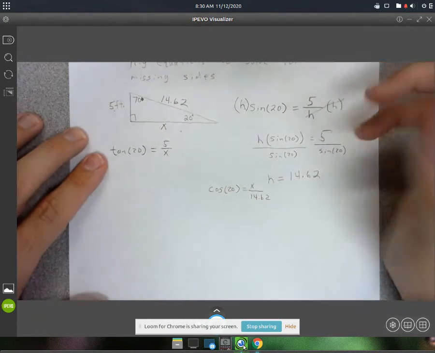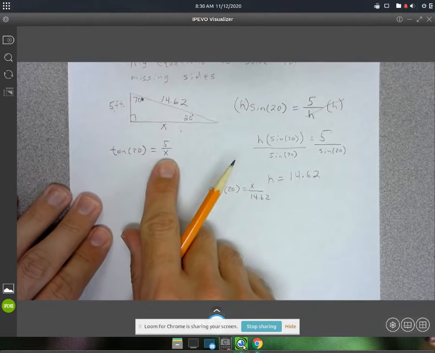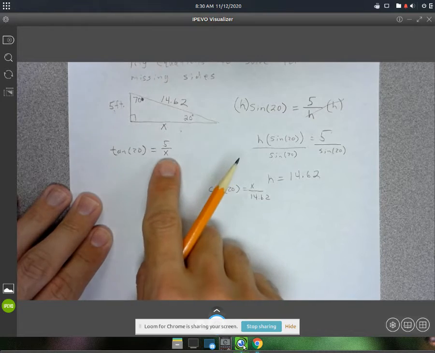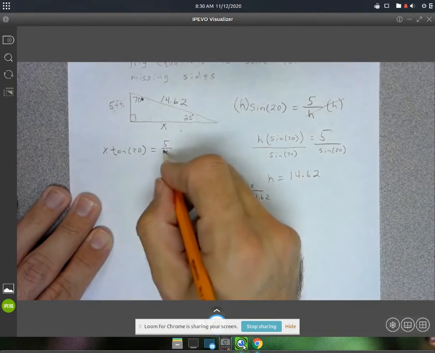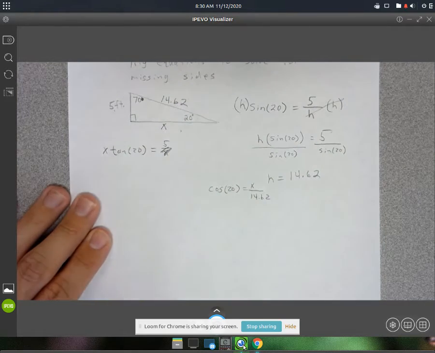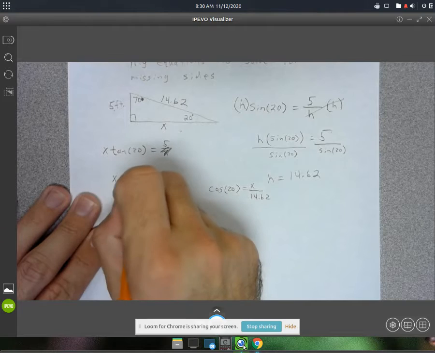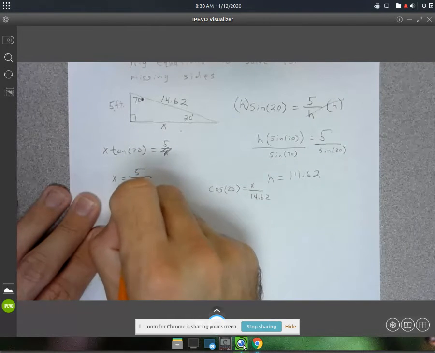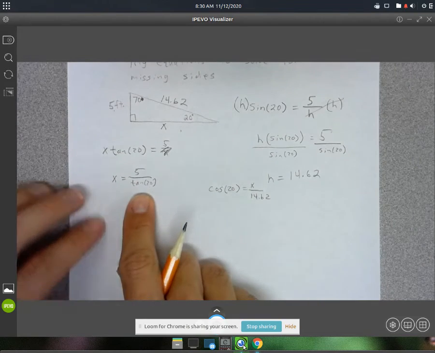I've got time, so I'm going to show you both ways. When you're solving this, you'd multiply by x, so the x's cancel, and then you'd divide by tan of 20. So x would equal 5 divided by tan of 20. That could be your answer.